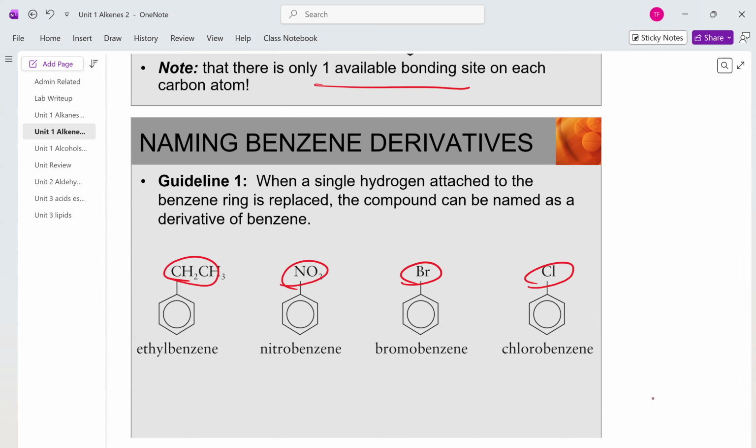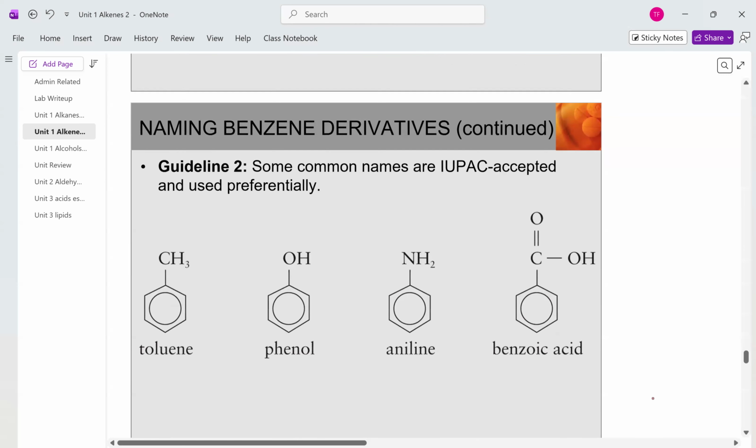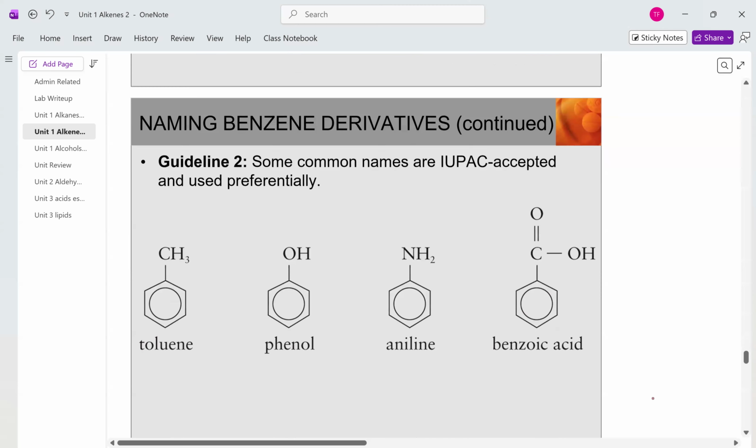So bromobenzene, chlorobenzene, NO2 is a nitro group, so that's nitrobenzene, and then this is an ethyl branch, so it's ethylbenzene. However, these are specialized branches.